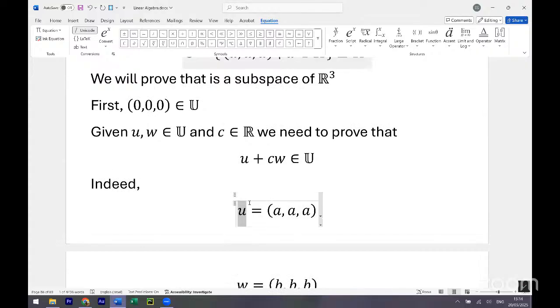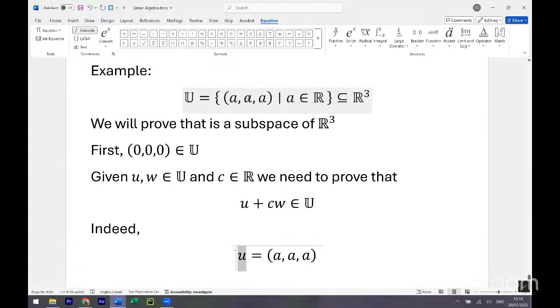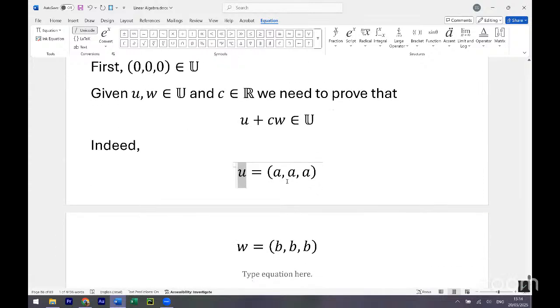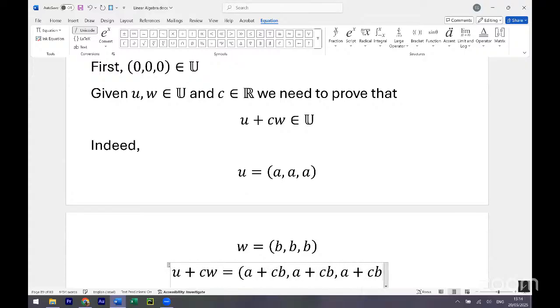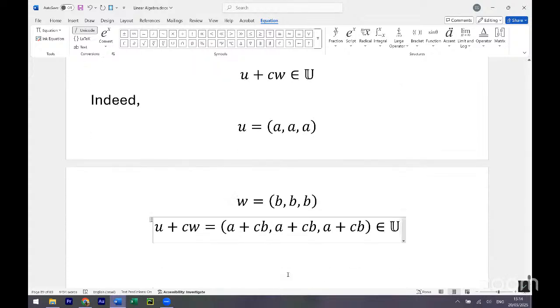In this case, we knew that all of the elements are of the type: a number, the same number, the same number. So we need to change the letter because it mustn't be the same number. But when I write that U is (a, a, a) and W is (b, b, b), now it's easy to say that U plus cW is actually (a + cb, a + cb, a + cb). Agreed? And that is obviously within the set U by definition. It's the triplet of the same real number. So that is a subspace. Agreed? Another example.